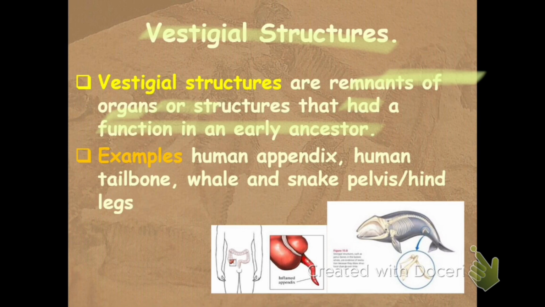Another example of a vestigial structure is a whale and a snake pelvis. They are structured in such a way because whales and snakes actually used to have legs.